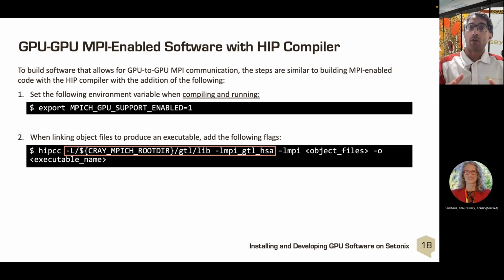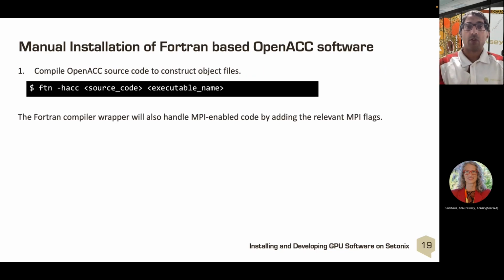So that is all the heavy focus on HIP, or the equivalent of CUDA compilation. You can also do a manual installation of Fortran-based OpenACC software. It may look simplistic, but it's a smaller set of software that's fully supported in this fashion, which is to compile the OpenACC code with the Fortran compiler wrapper.